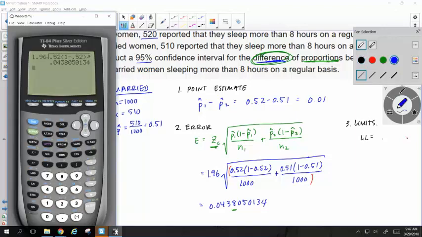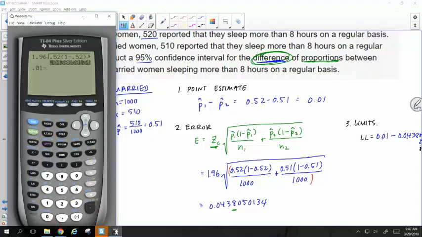Lower limit would be the point estimate, 0.01, minus the margin of error, 0.043805, and so on. Negative 0.0338 to 4 decimal places.